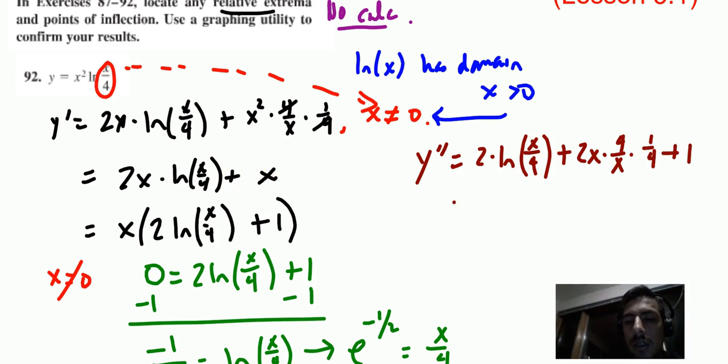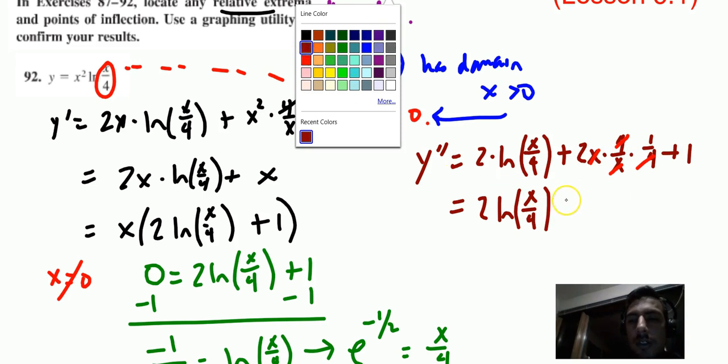And if I simplify anything here, it's 2 ln of x over 4. The x's cancel and the 4's cancel, right? So x's cancel, 4's cancel, and we'll put plus 2 plus 1, which is plus 3.